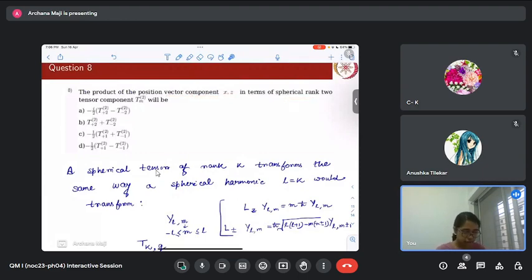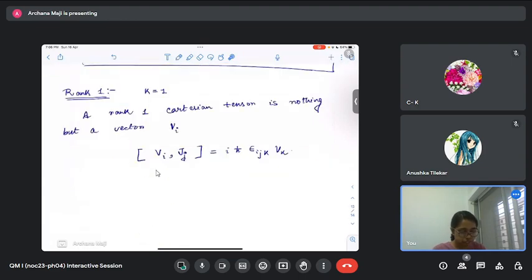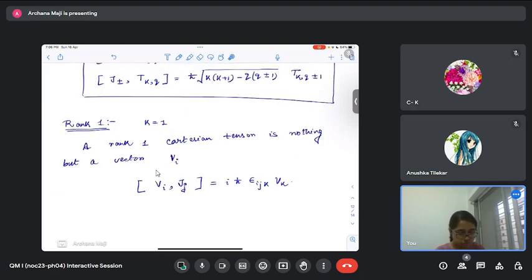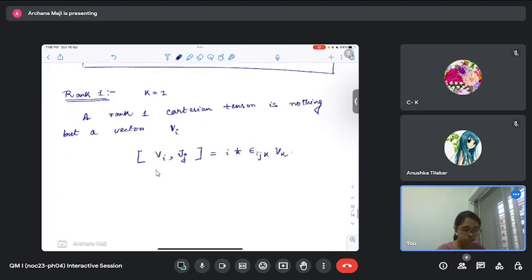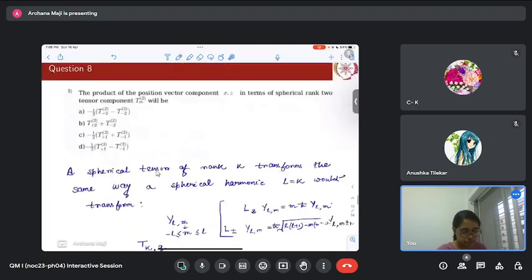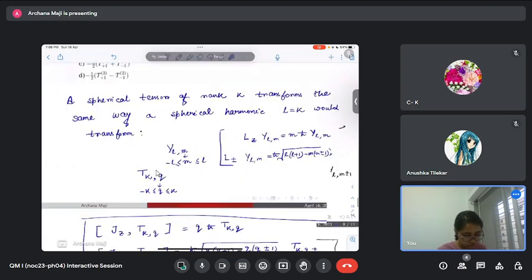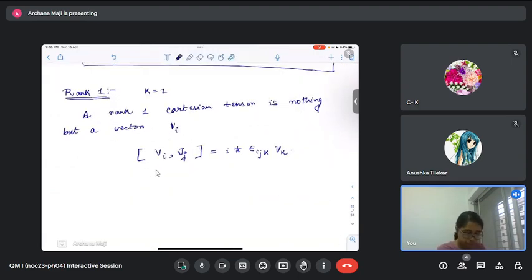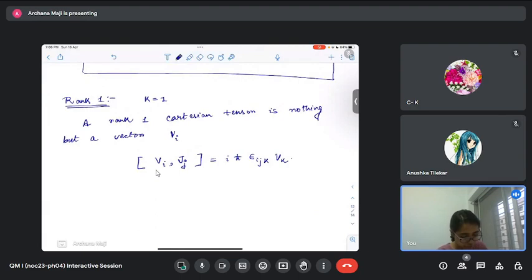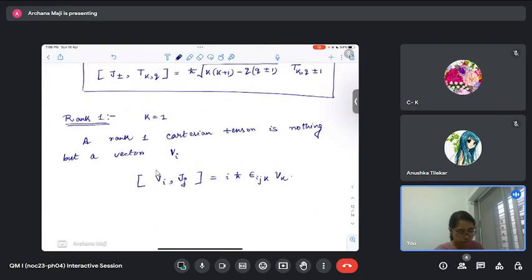So that's why, starting with a vector, we are trying to write down what the spherical harmonics are, and that we will then use to write down position vector components x, y, z in terms of spherical harmonics. Okay, so it will be clear. So this is, I hope, clear. This is the commutation relation of the ith component of any vector with angular momentum jth component.